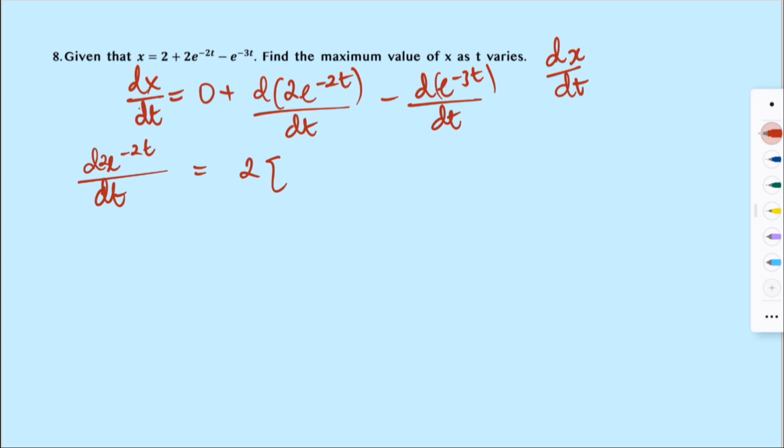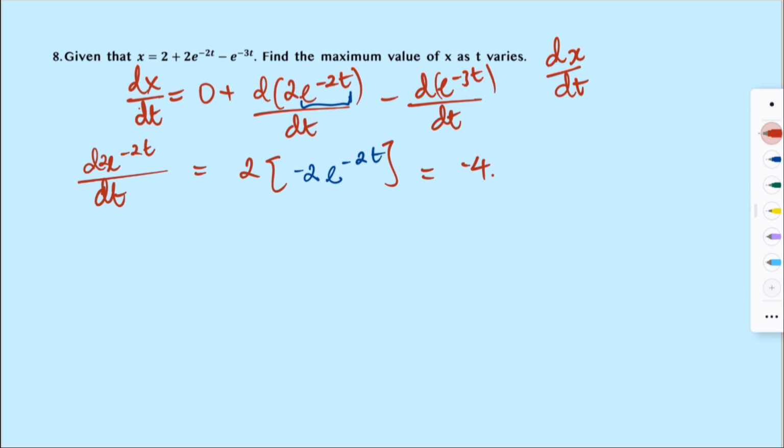The derivative of e to the power negative 2t would be negative 2 multiplied by e to the power negative 2t. That's basically it.